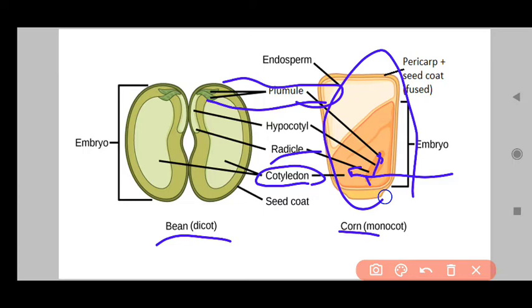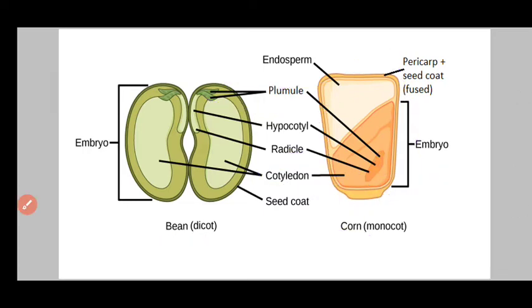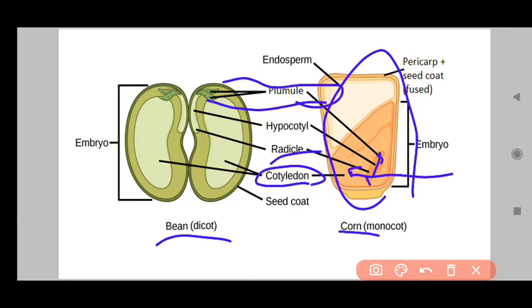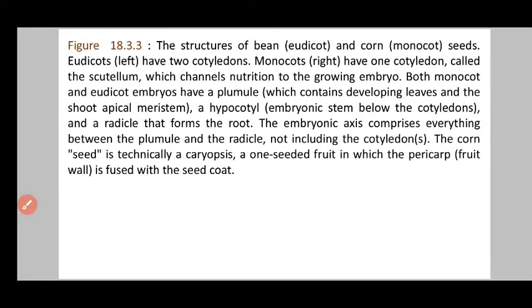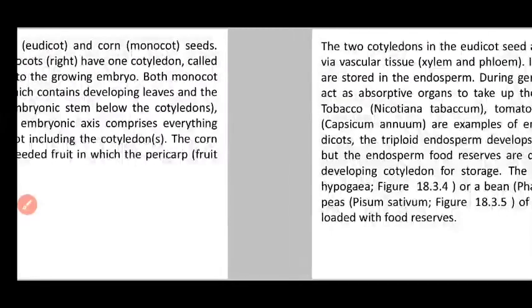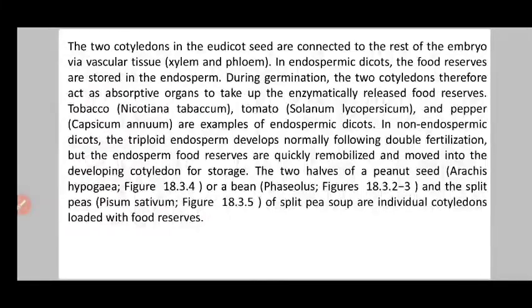The pericarp also fuses with the seed coat and forms a covering to the seed. This structure has been described in the picture.